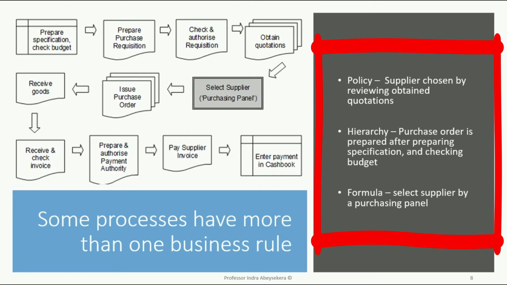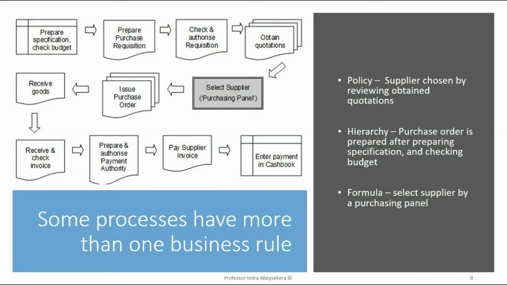Hierarchy could be purchase orders prepared only after preparing specification and checking budget. Formula could be select suppliers by a purchasing panel. These rules are applied to processes that are undertaken in the firm. Some processes have more than one business rule applied.